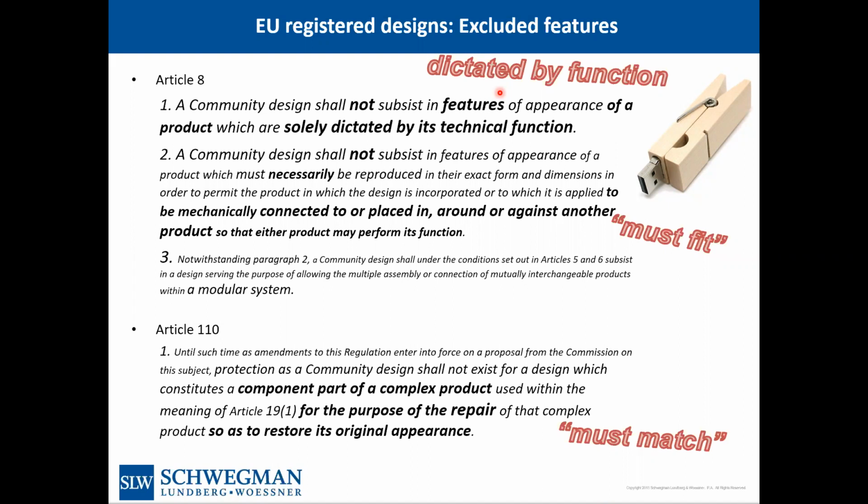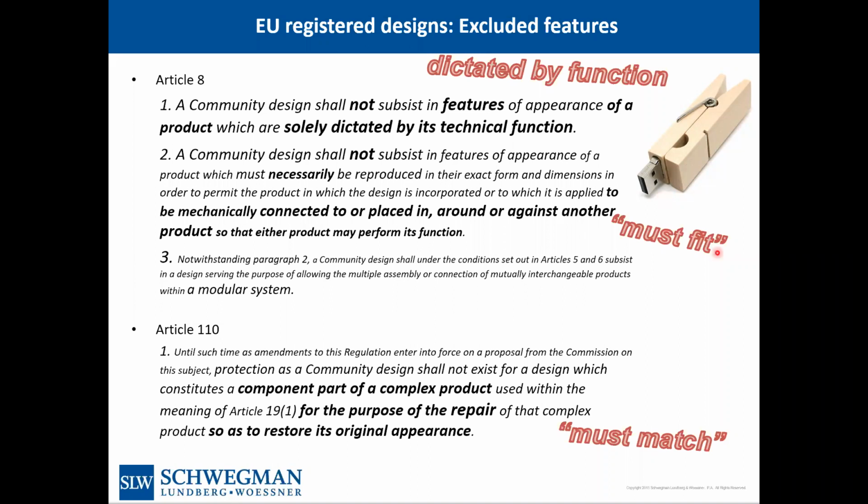There are also exceptions for features which must necessarily be exactly of certain form and dimensions, such as this USB plug on a clothes peg-shaped USB stick. And this is a feature which has to be mechanically connected to something else in order to fulfill its function, and we call that the must-fit exception.